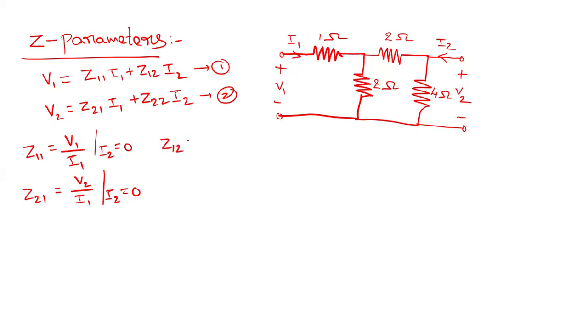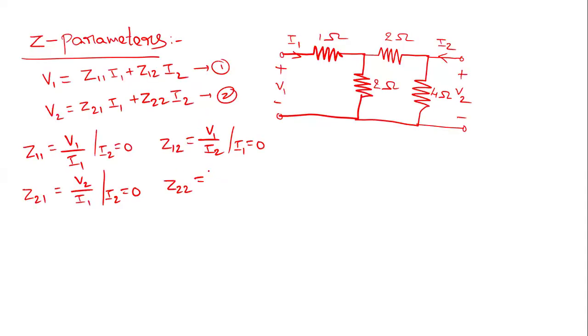Z12 is V1 by I2 with I1 0. Z22 is V2 by I2 with I1 0. So now let us apply the condition I2 0 to find the parameters Z11 and Z21.